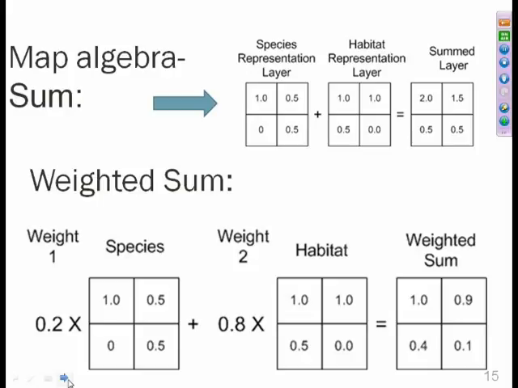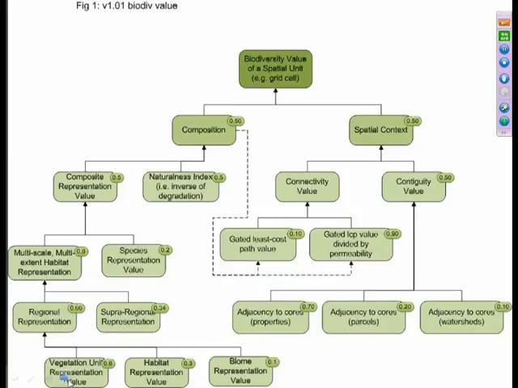In this situation, for instance, the lower left cell again gets 0.2 times 0, which is 0, plus 0.8 times 0.5, which is 0.4. And you can see how all 4 of those add up. So that's, in essence, what we're going to be doing today, and I'm going to show you how to do it in Model Builder, so we could all be on the same page. In future discussions, we'll get into some of the pros and cons of this approach and how to compensate for some of the cons.